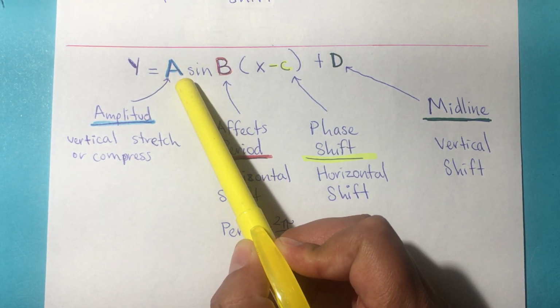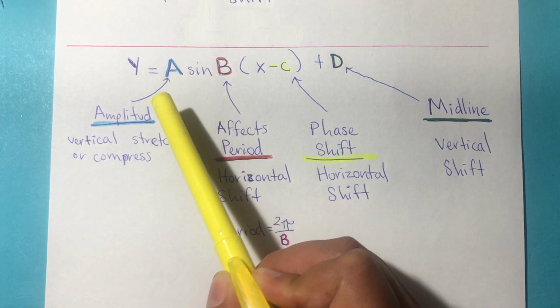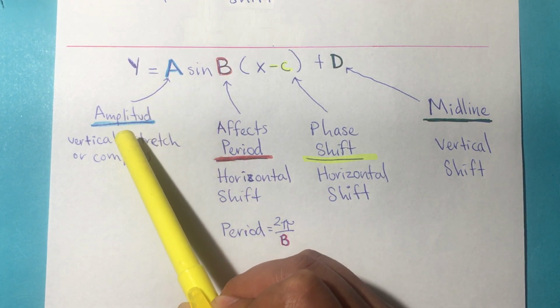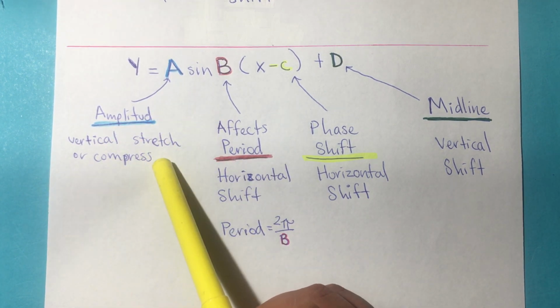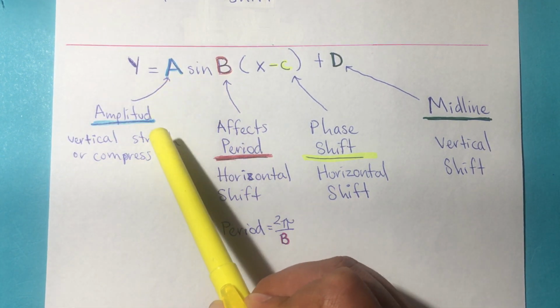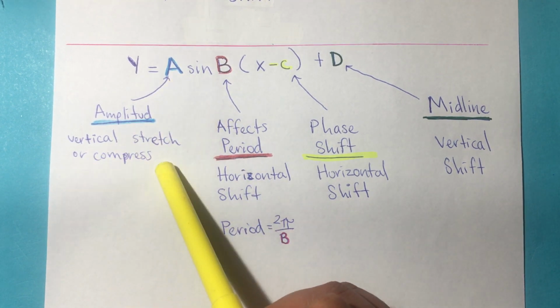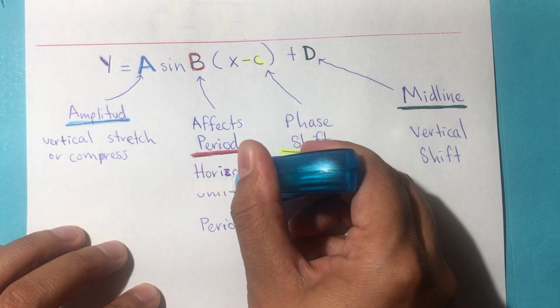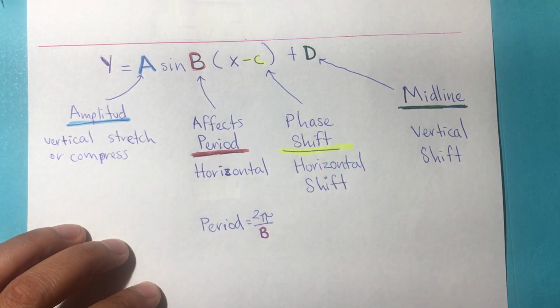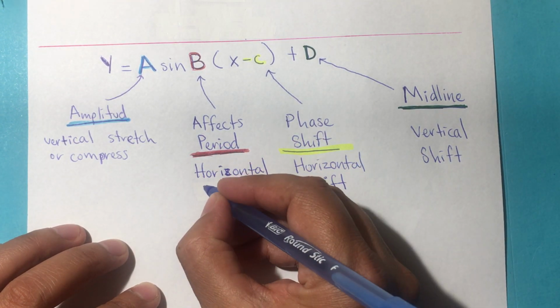Here, a will be very similar to the vertical stretch or compression. Here we'll call it amplitude, vertical stretch or compress. If it's a whole number, it stretches. If it's a fraction, it will compress. B affects the period, and it should be horizontal stretch or compression.